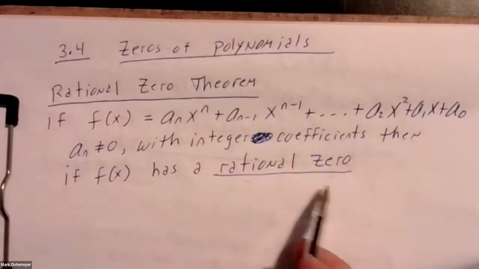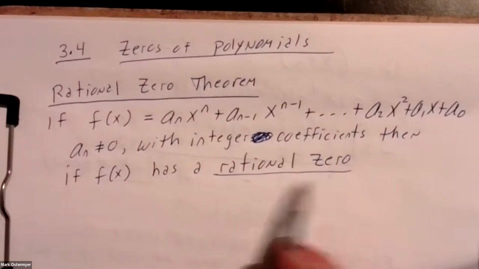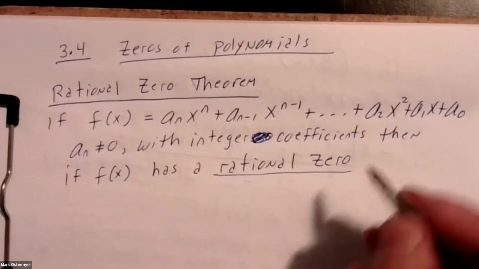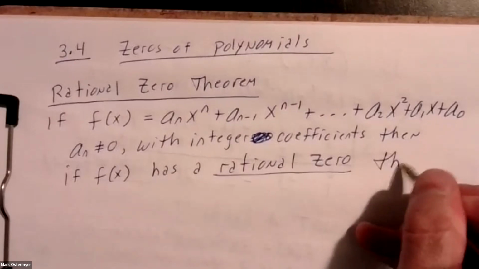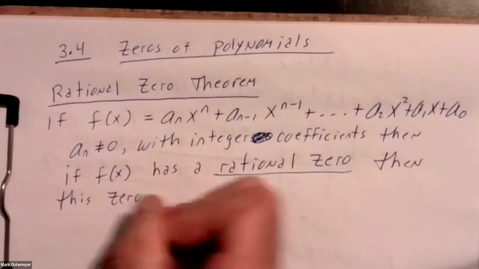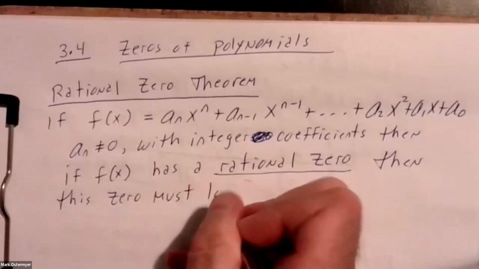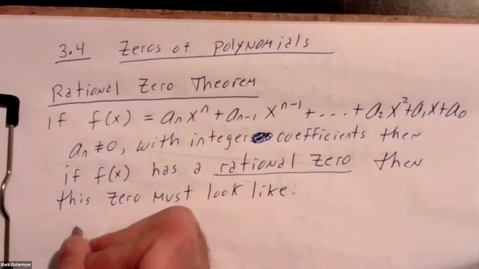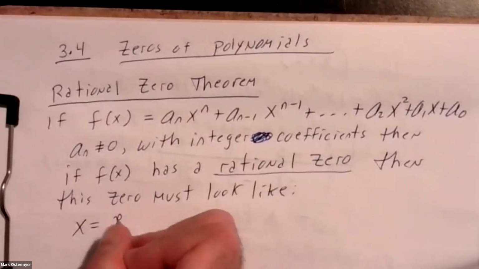Then this theorem says this: if f of x has a rational 0, if it does, it may not, but if it does have a rational 0, meaning that it could be an integer, it could be a fraction, okay? If this polynomial function has a rational 0, then this 0 must look like this. The 0 must look like p over q.